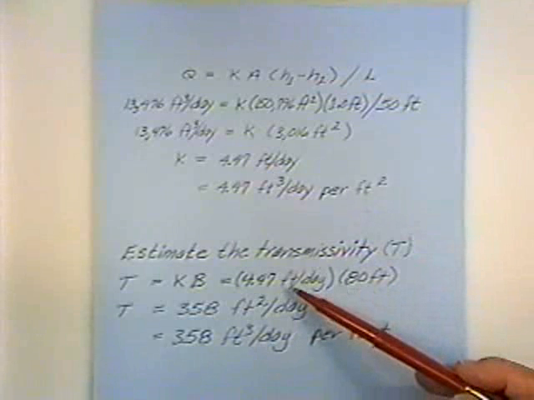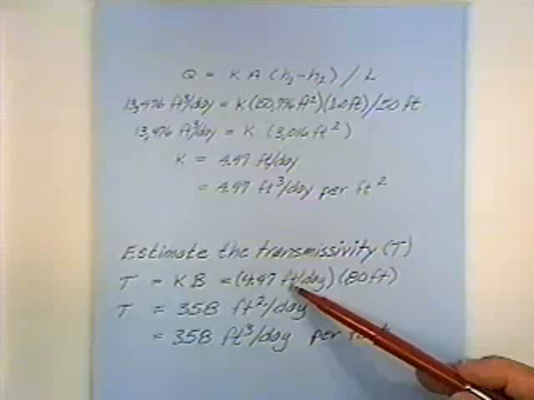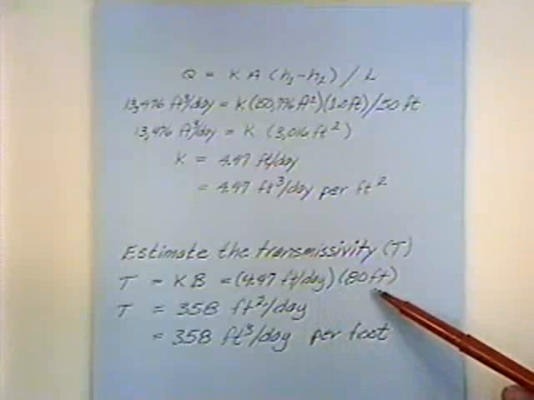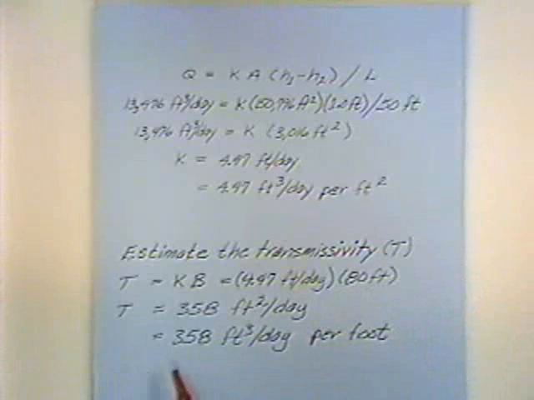And so we multiply the hydraulic conductivity of 4.47 feet per day times the vertical height of the aquifer through which the water is flowing, 80 feet, to get that the transmissivity is 358 cubic feet per day per foot of width.